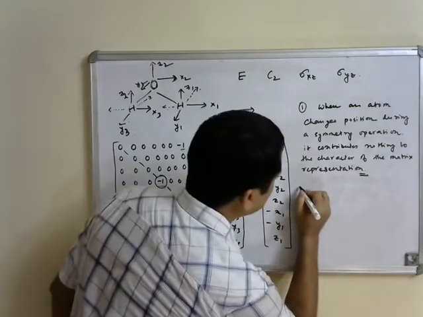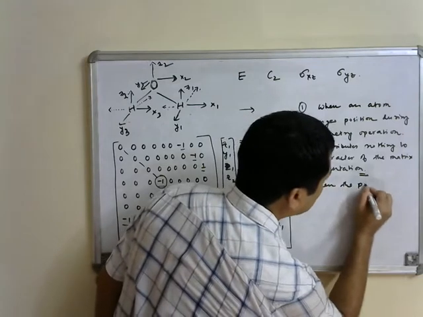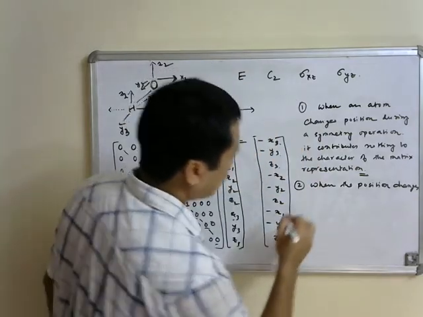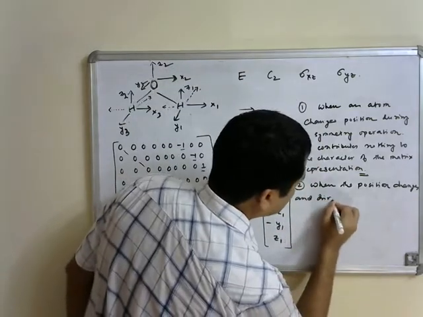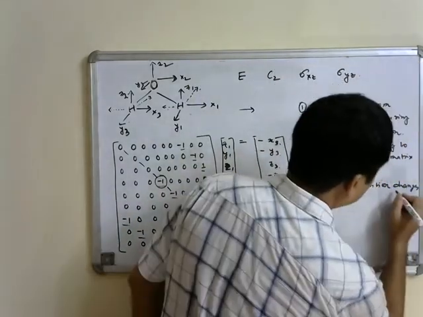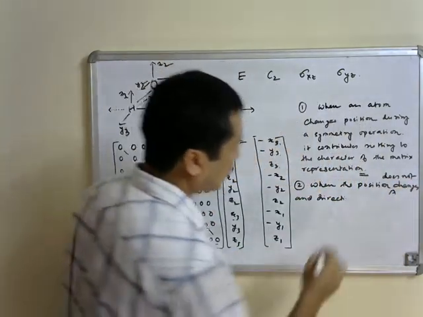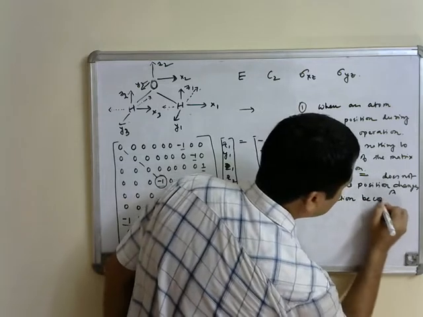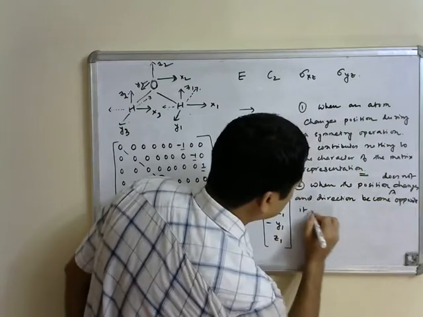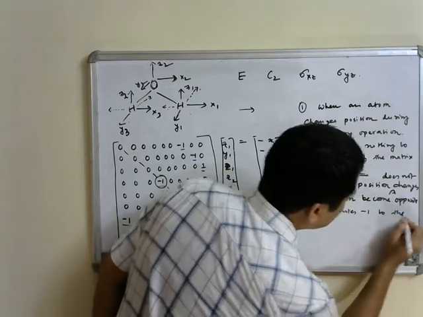So when the position does not change, and the direction becomes opposite, it contributes minus 1 to the character.